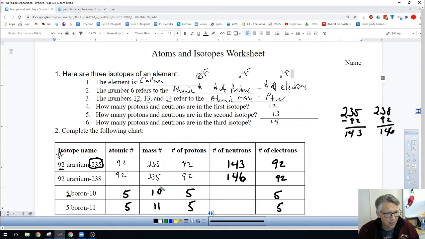So 10 minus 5 protons should give us 5 neutrons. And boron 11 has a mass of 11, minus 5 protons should give us 6 neutrons.